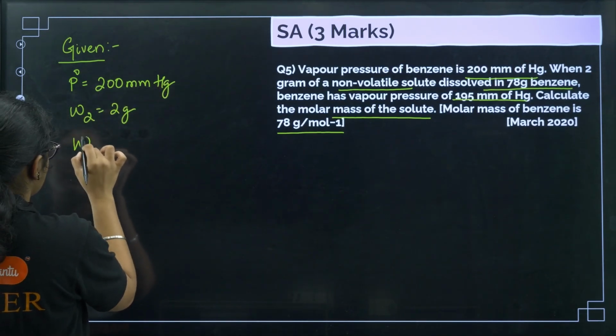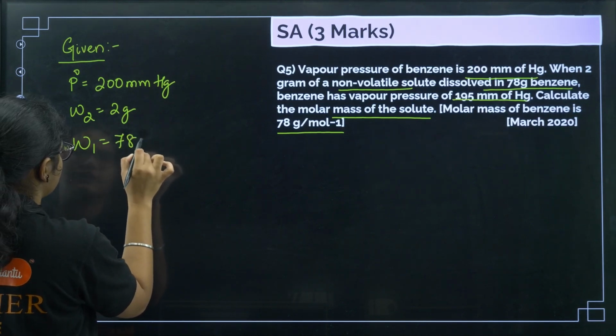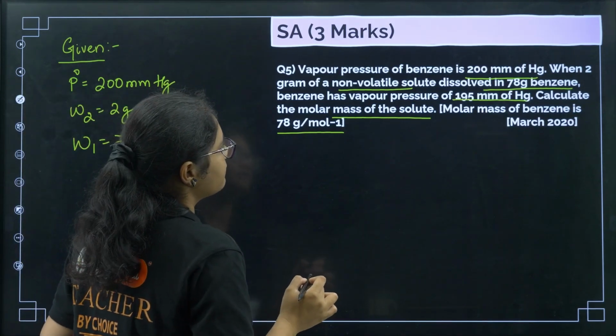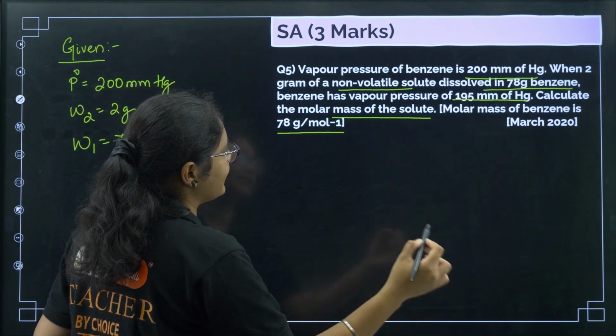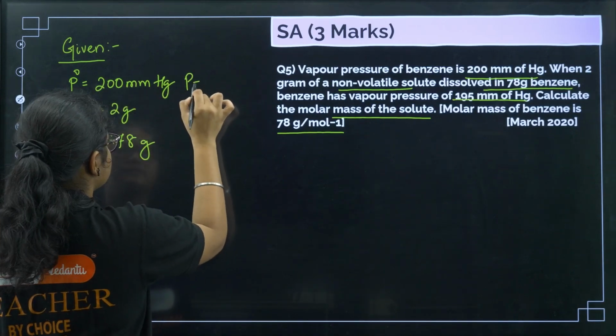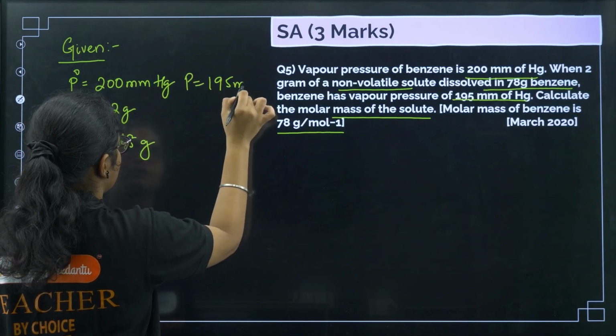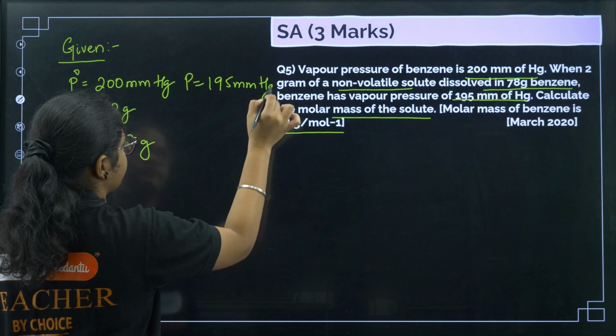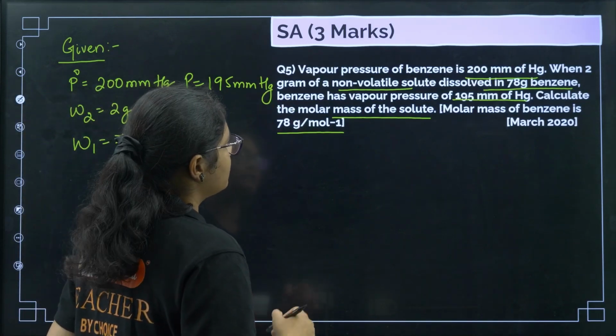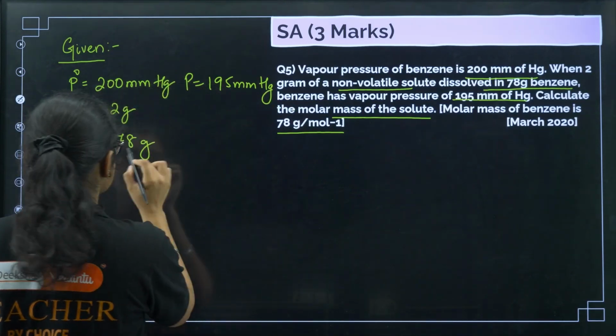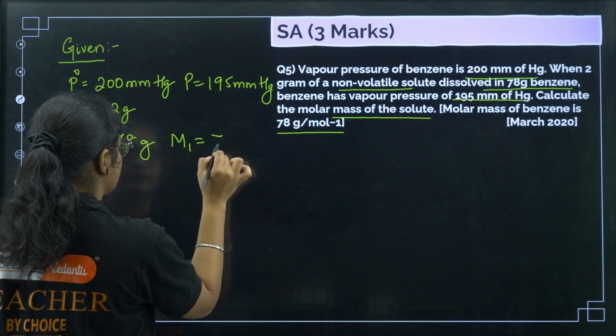So mass of the solvent is 78 gram. The vapor pressure now is 195 mm of Hg, so P is 195 mm Hg. Now calculate the molar mass of the solute. Molar mass of benzene is given to you as 78.